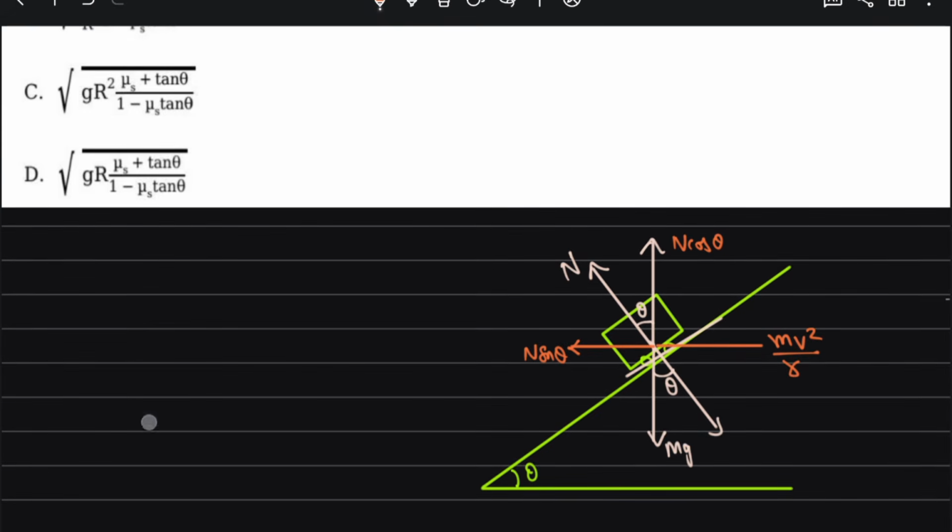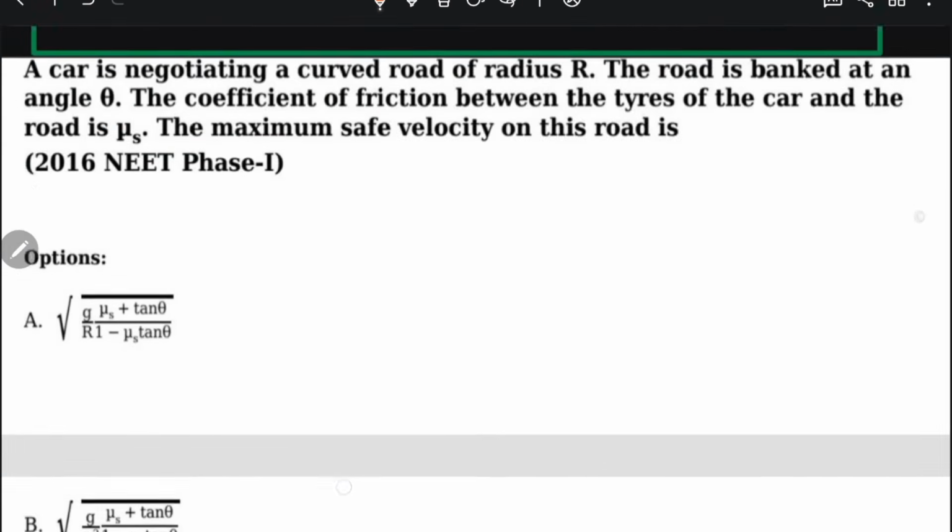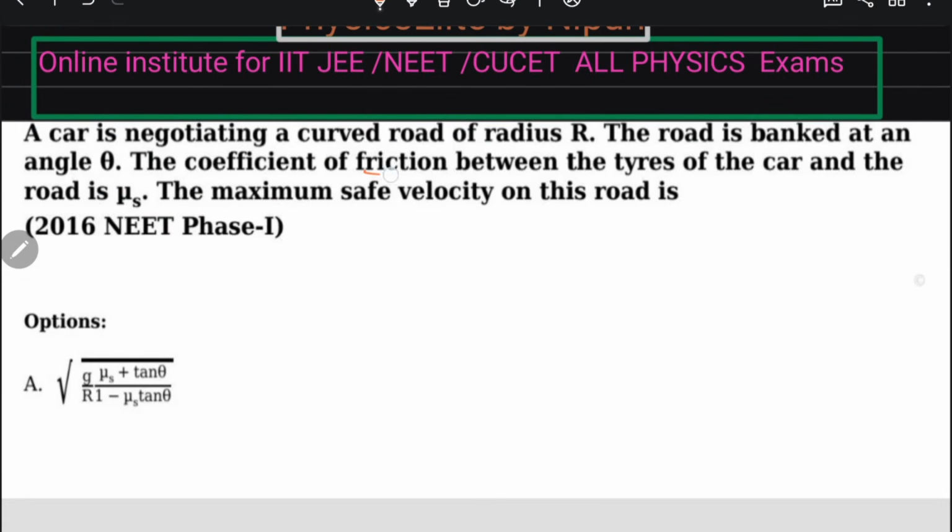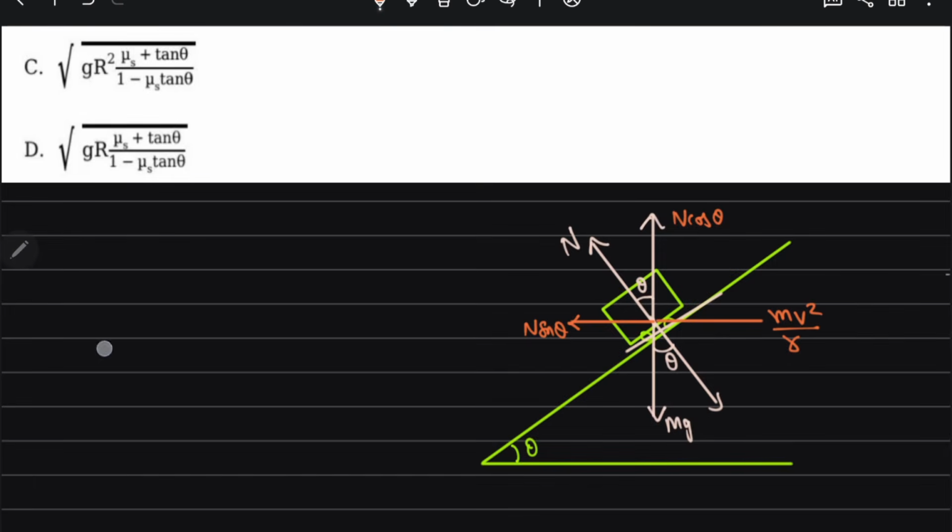Here two conditions are going to arise, but in this question they are asking the maximum safe speed, given the coefficient of friction between the tires of the car and the road is mu. In case first, N sin theta is greater than mv square by r, from this we get the minimum velocity and friction acts upwards.